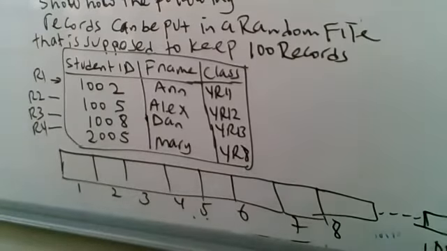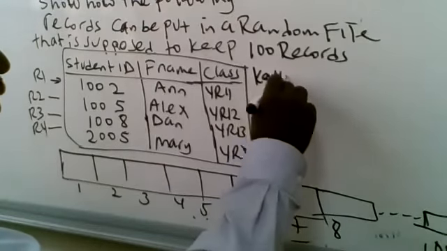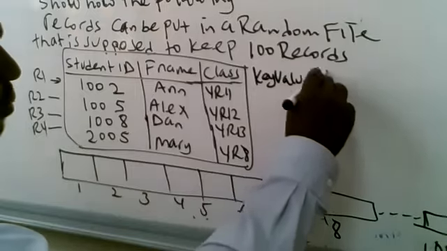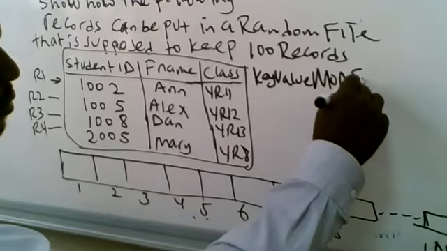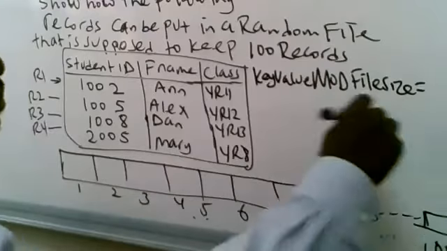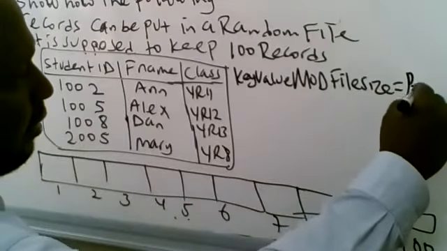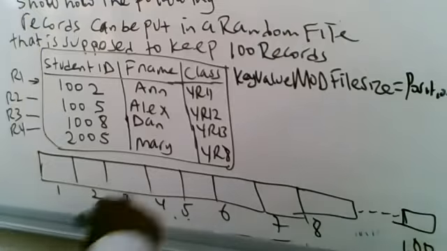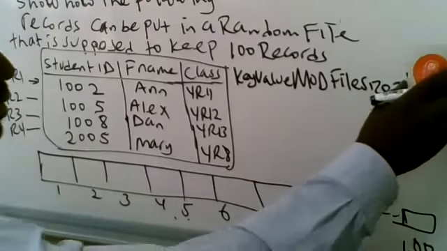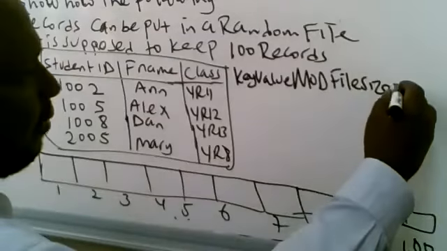In this case, I'm going to choose my hash algorithm as key value modulus file size, which gives us the position where to put the value. Key value modulus the file size should give me the position.